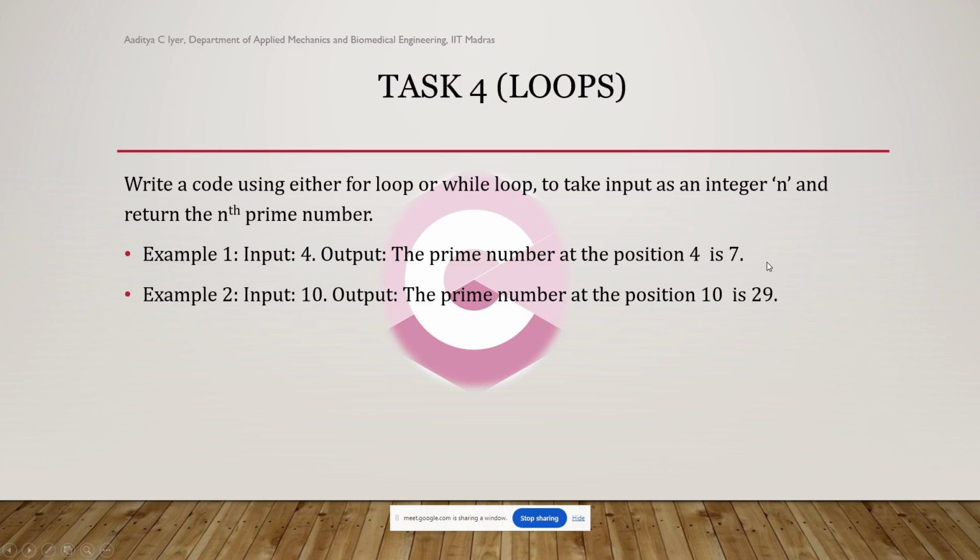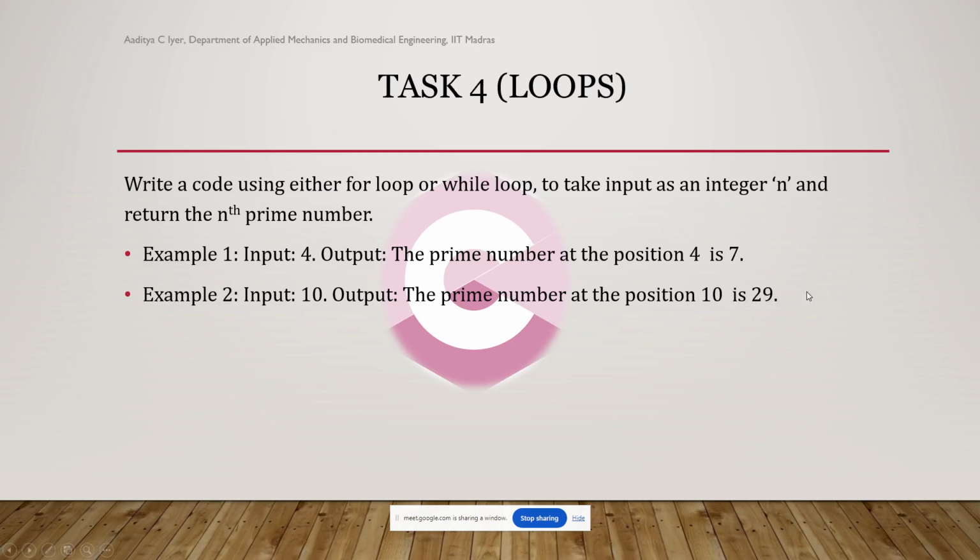What is a prime number? You know already that it has only two factors, 1 and the number itself. So 2 is the first prime number: 2, 3, 5 and 7. So 7 is the fourth prime number, and if I input 10, I should get 29.